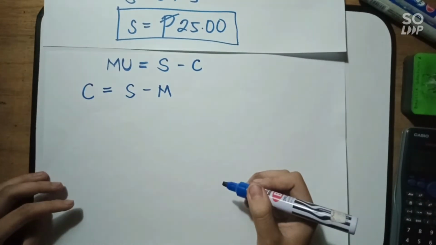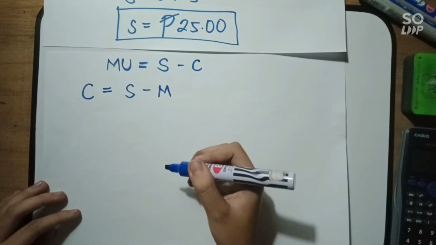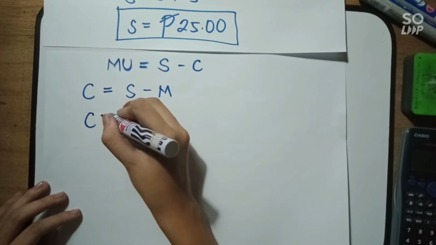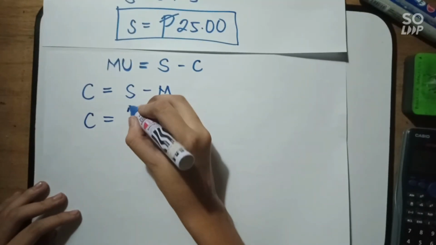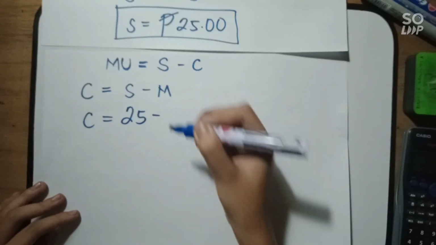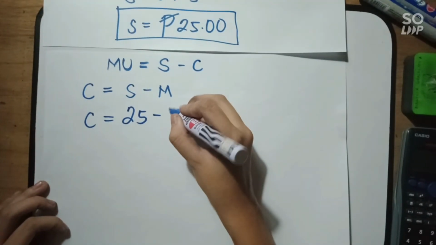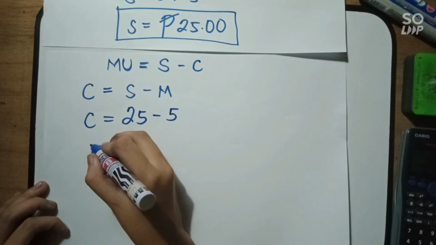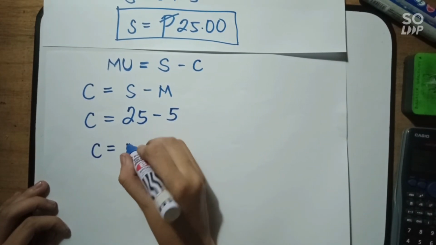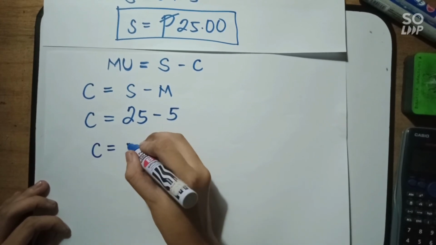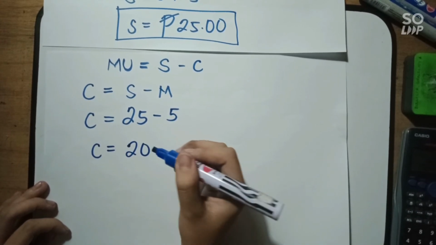So let's substitute the given values. The cost of the goods is equal to the selling price, which is 25, minus the markup, 5 pesos. So the cost of the product would be 25 minus 5 is equal to 20.